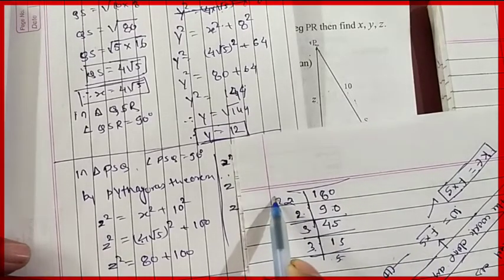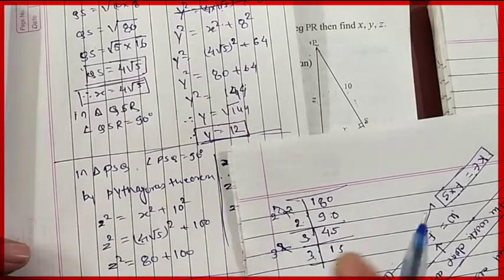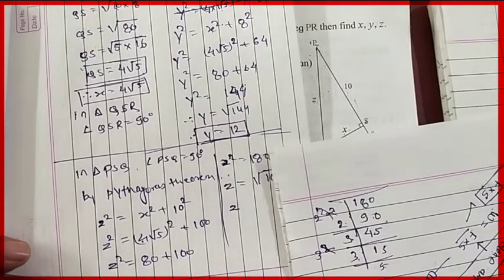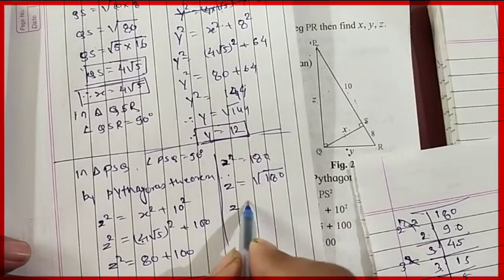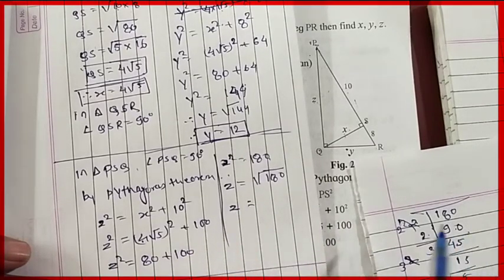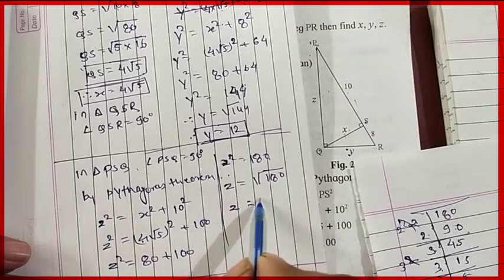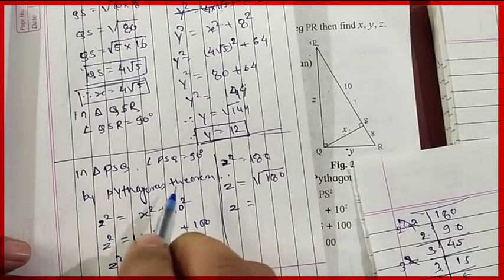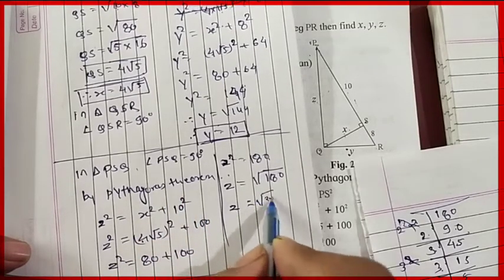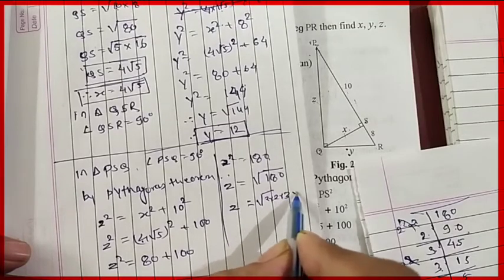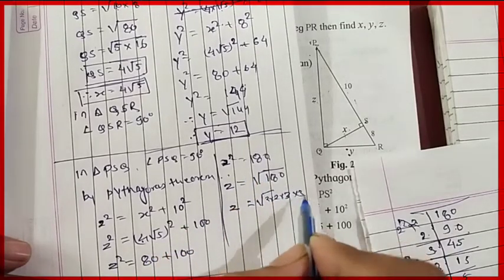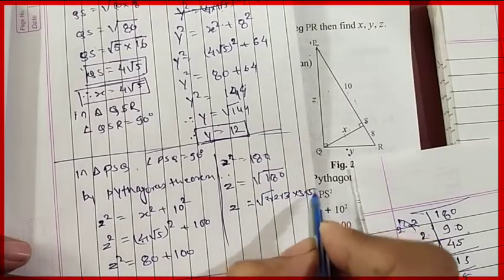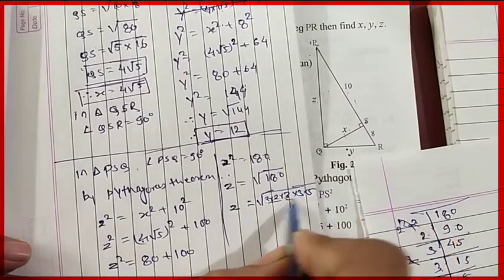See, the square and the square root will cancel. So what will we have now? See here, z equals 2 into 2 into 3 into 3 into 5 under the root. See, these are pairs, so they will come out.